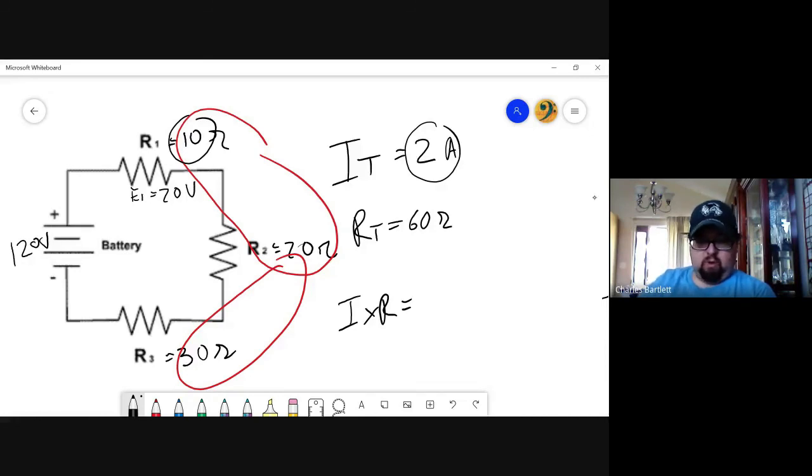And then you can just go around. So we got E1, E2 equals 2 times 20, which is 40 volts, and E3, which is 60 volts. And what happens when you add those together? You get 120 volts, the circuit total.